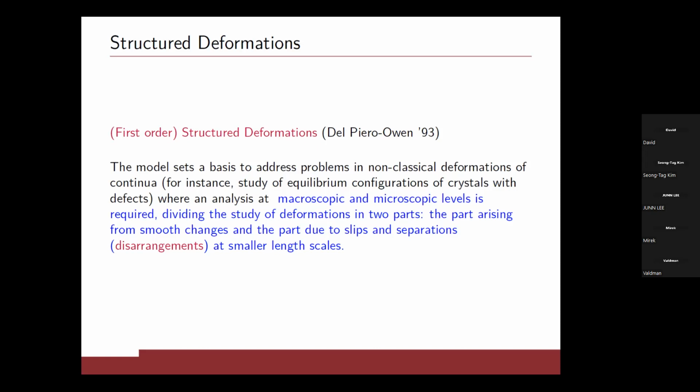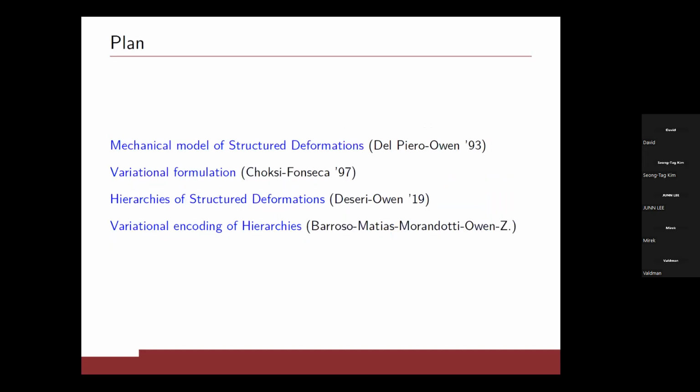So the idea is that you want to look at your body and try to understand which part of your big deformation comes from something smooth at the micro level, and something which, even if it appears smooth at the macro level, comes from some plastic effect or some fracture effect at the micro level.